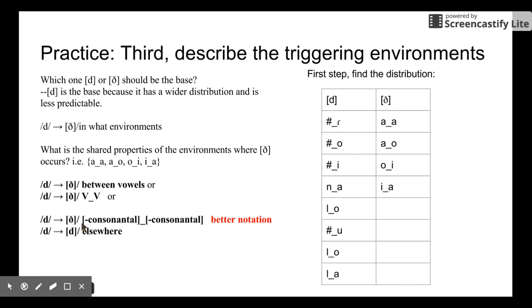So the environment will be minus consonantal, the position, and minus consonantal. So the becomes the between vowels. This is a better notation because we are using features. And then we have the elsewhere rule. The becomes the, just at any other environment.